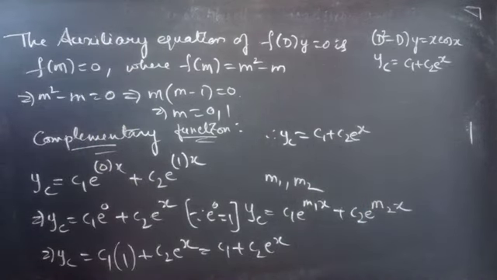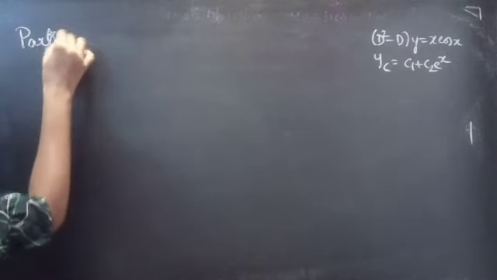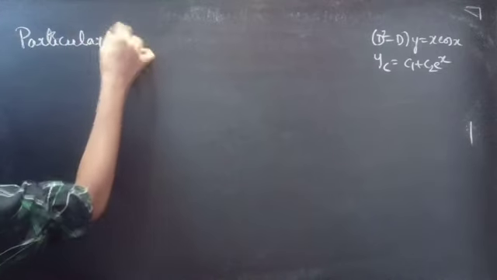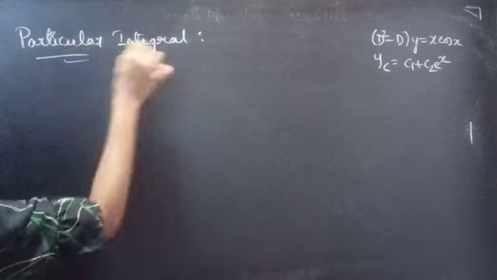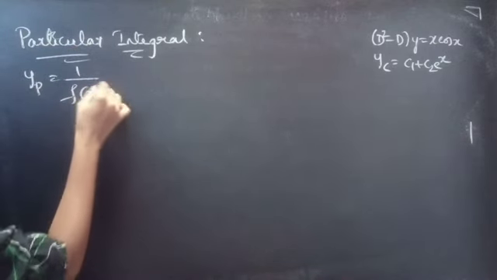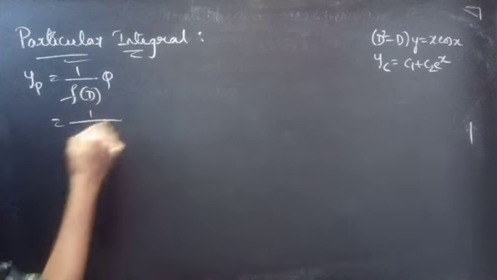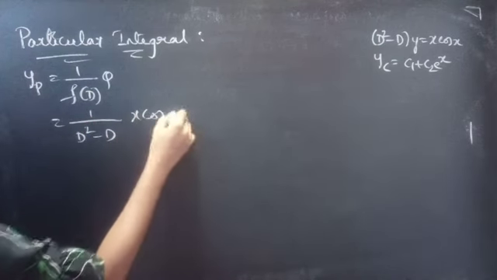We got yc, let's find yp. Particular integral: we'll find the particular integral using 1/f(D) into Q. This equals 1/f(D), where we have D² − D and Q is x cos x.